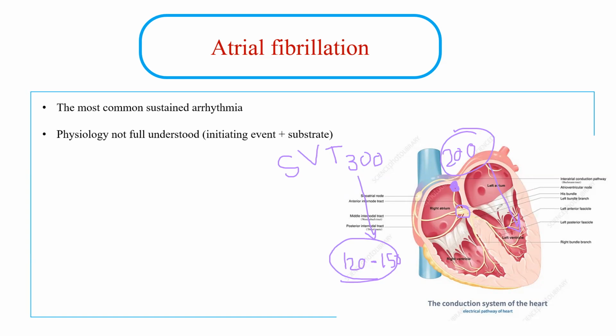So the heart rate in SVT is most likely higher than the heart rate in atrial fibrillation. The key here, the physiology, is the AV node itself.